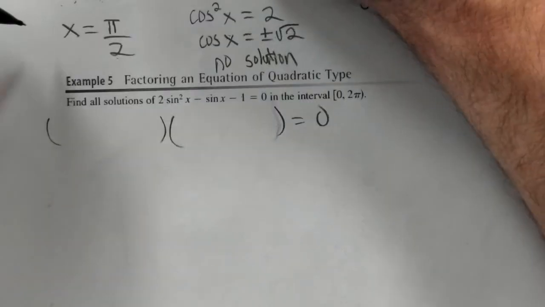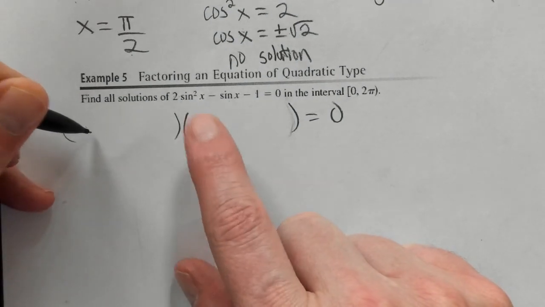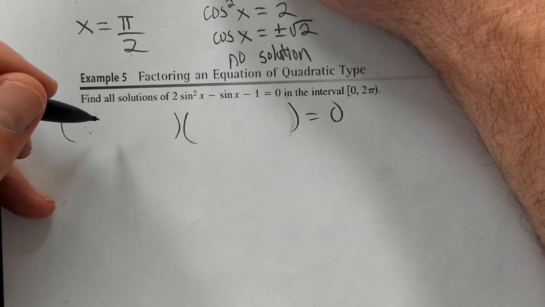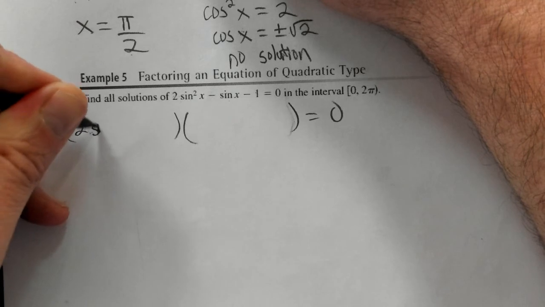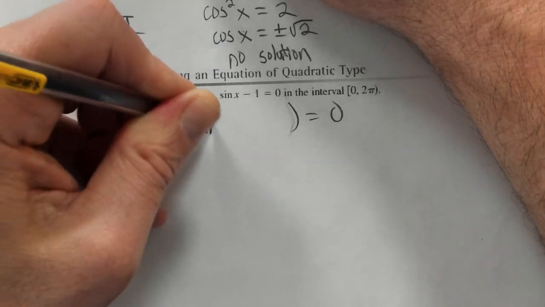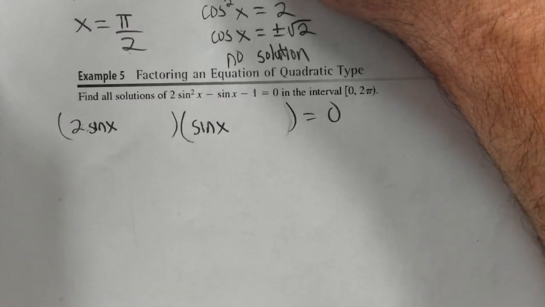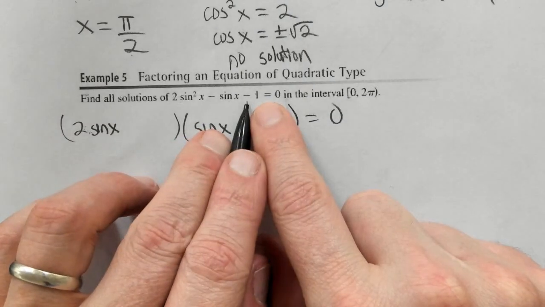Okay? All right, so now, remember, these two values multiplied together should give me the first term. So the only way that I can get 2 sine squared of x is to multiply 2 sine of x times sine of x. All right? So that's what my first two blanks should be. All right, now, to finish it up, okay, I need two numbers that multiply together to give me -1.